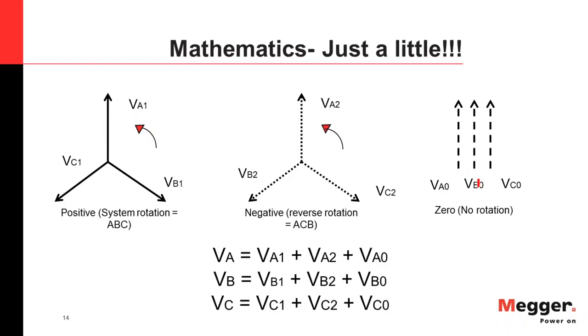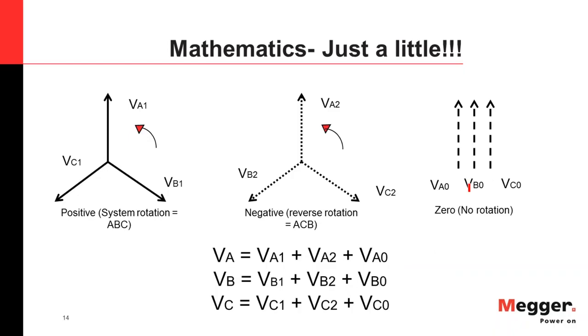Then I have the zero sequence vector, which does not have any rotation, and the vectors are all the same in phase angle and equal in magnitude. If I sum all of them together, I get my unbalanced vectors, as derived in the equation you can see here. My phase vectors are equal to the summation of all the sequence vectors.